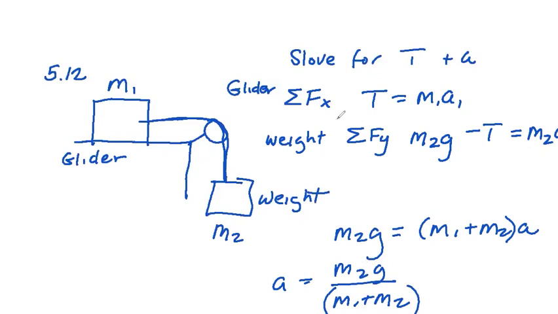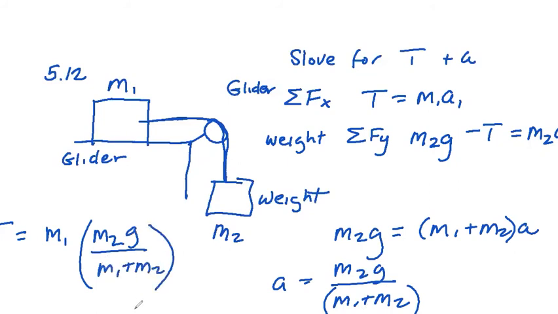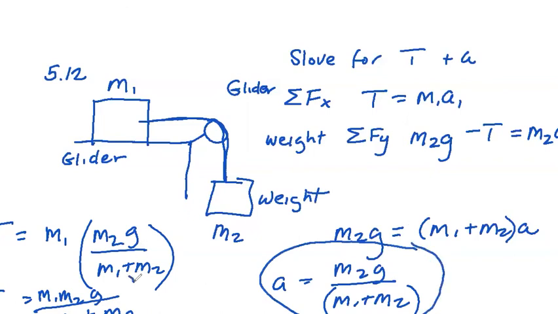Now if I want to solve for tension, I'm going to go back here and say T equals M1 times this expression for acceleration, M2G divided by M1 plus M2. So T is going to equal M1 M2 times G over M1 plus M2. So we have our expression for acceleration here and our expression for tension here.